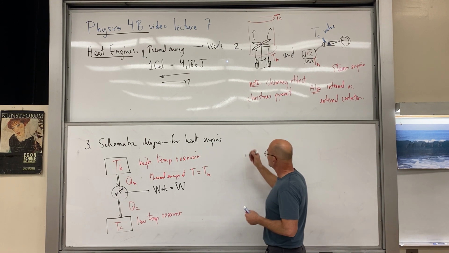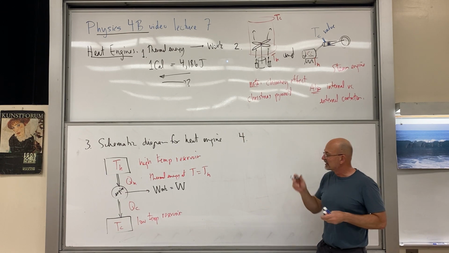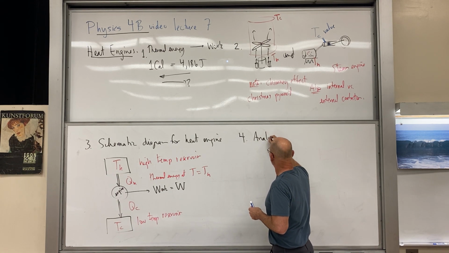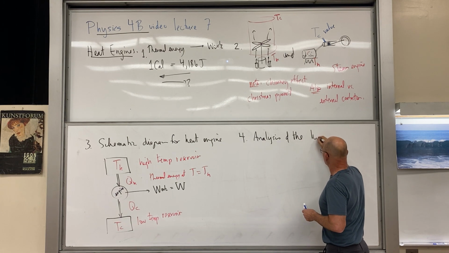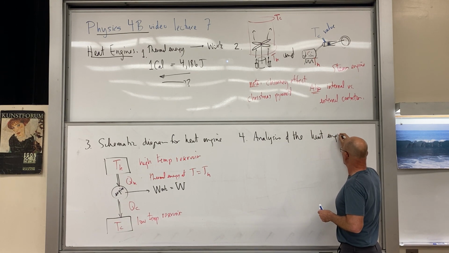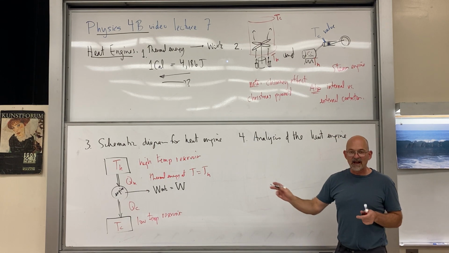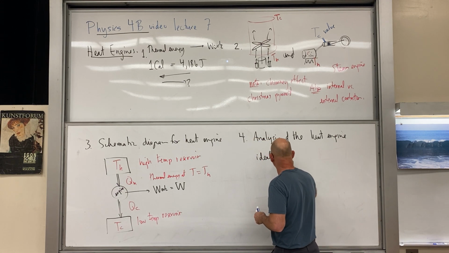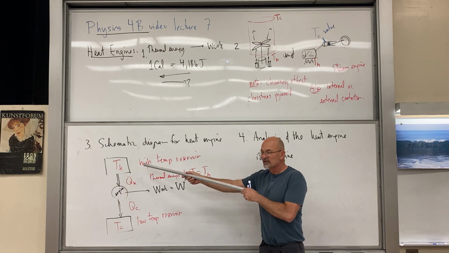So we're numbering things, are we? This is 4. Analysis of the heat engine schematic. So now we're going to idealize the thing. So it's going to be an ideal engine. And the idealization is saying that this is all that's going on there.